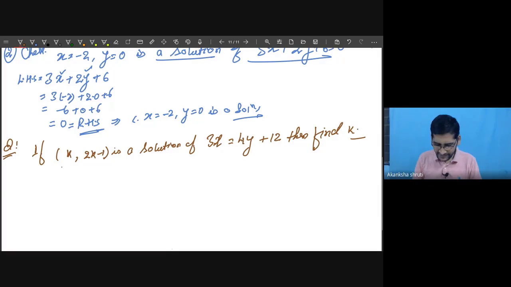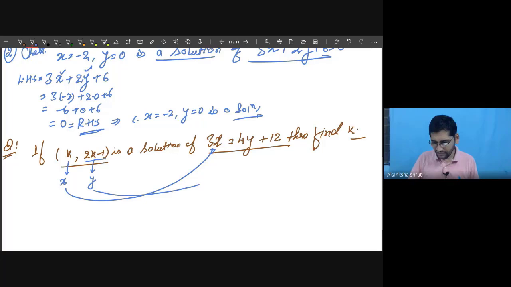So here it is given that this is a solution of this equation. Solution means what? Here it is given in the form of a pair. So in place of x, I can take this k, and in place of y, I can take 2k minus 1. So this x I need to substitute here, and this y I need to substitute here and simplify.